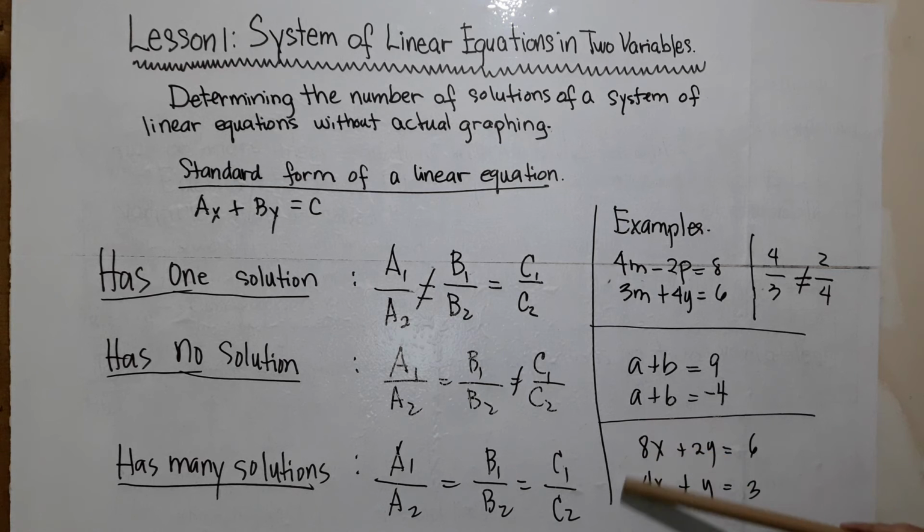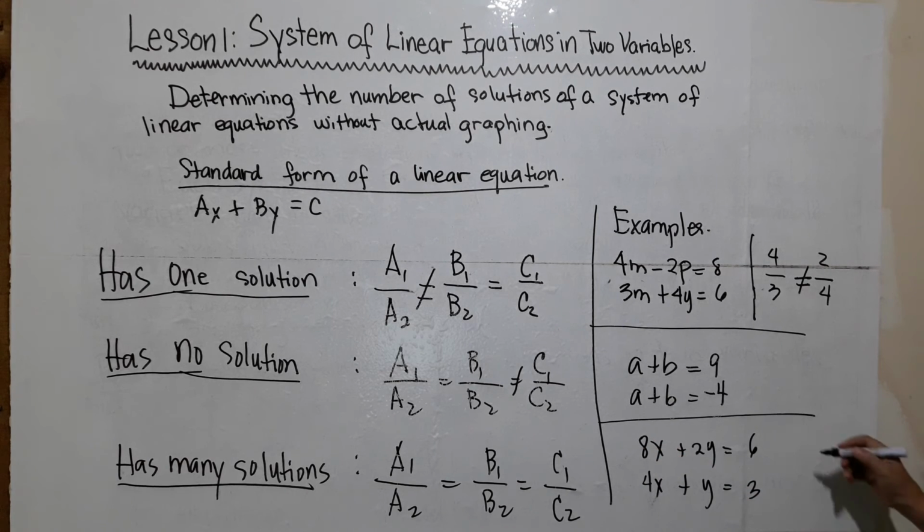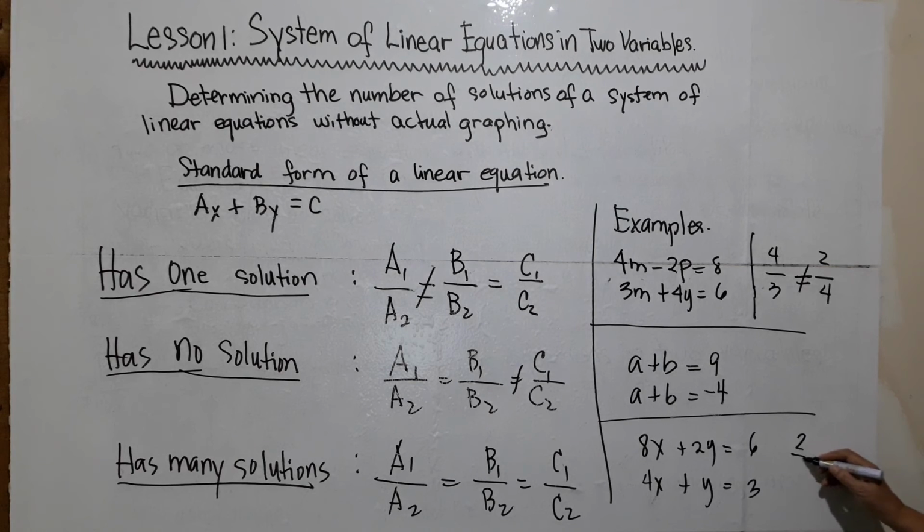What is the ratio of 8 to 4 in lowest terms? 2 to 1.